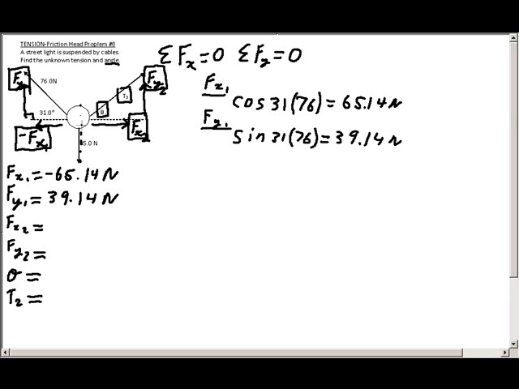So all the forces in the x direction to the left and right have to cancel. Therefore, f of x2 is going to be a positive 65.14 newtons, because that's going to balance the other side here.